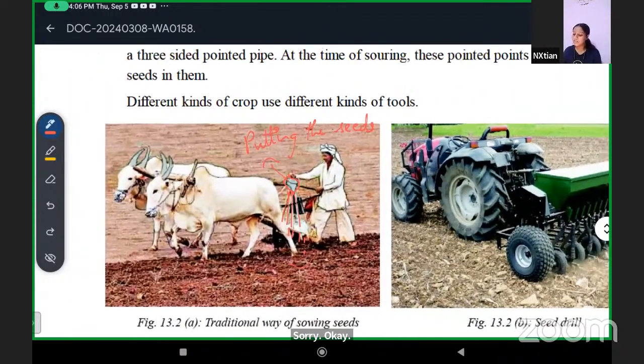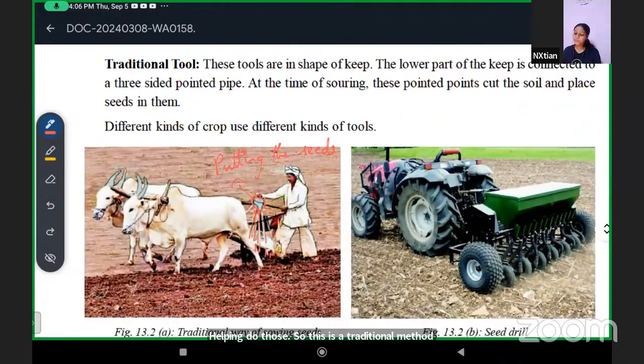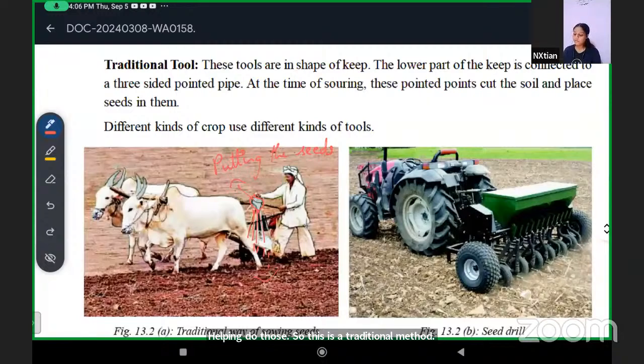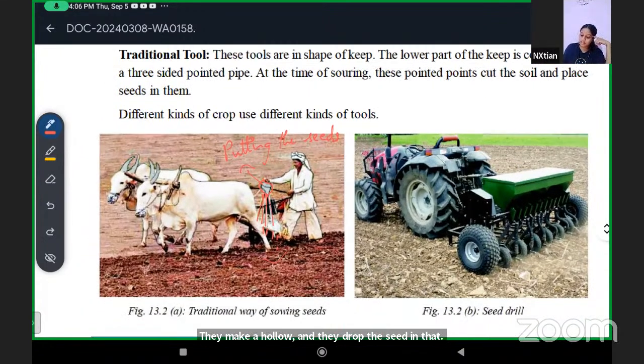So this is a traditional method. At the time of sowing, these pointed ends cut the soil and place the seeds in them. They go down in the soil, make a hollow, and drop the seed in that. This is the traditional technique.